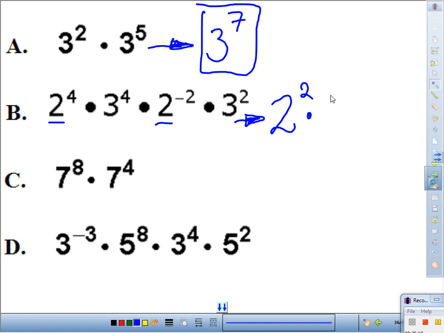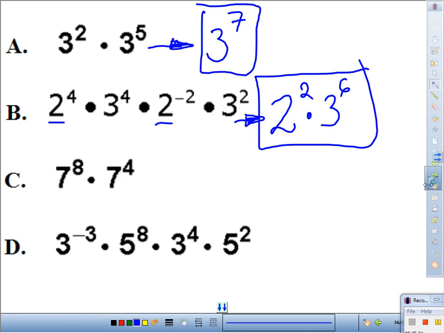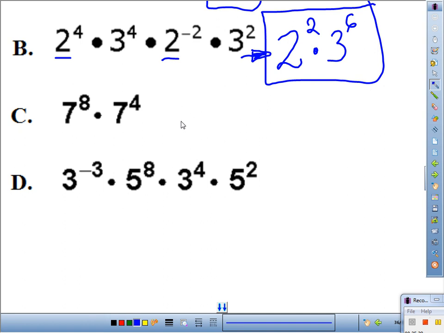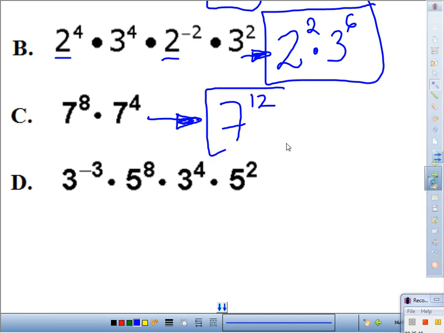Times 3 to the 6. Hands, have you got that? That is correct. Pass to someone, Leo? Michelle. What do we get? 12. That is correct. Hands, have you got that?